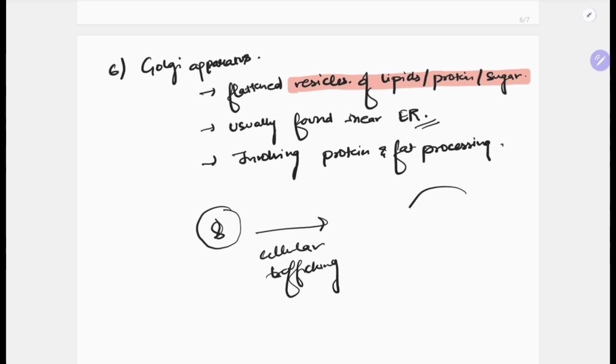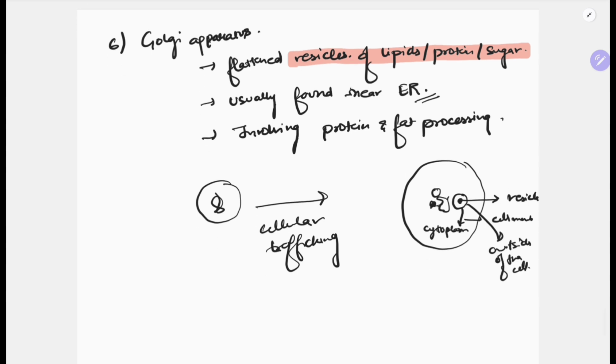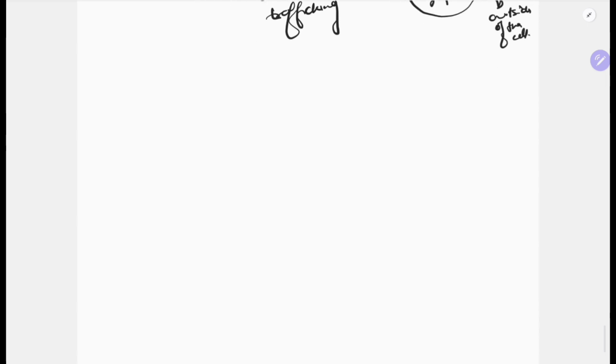For example, if this is a cell, and a protein is made here, what Golgi will do is pack this particular protein in a vesicle, and depending on the signal peptide, it will either send it to the cytoplasm, or to the cell membrane, or outside of the cell. Okay, so the main function is distribution and shipping. Just remember that, distribution and shipping.